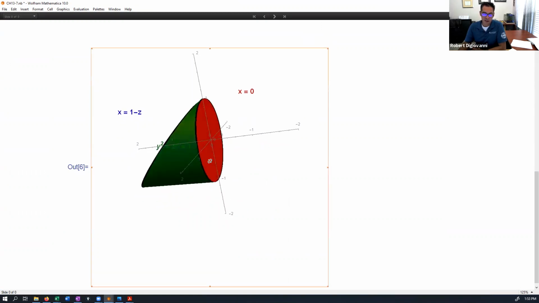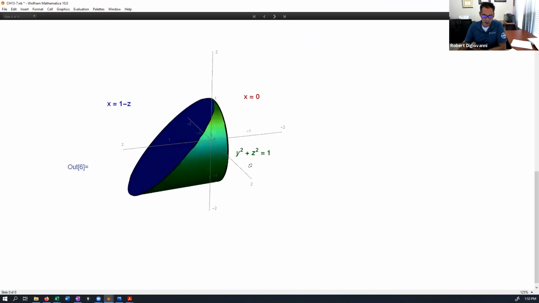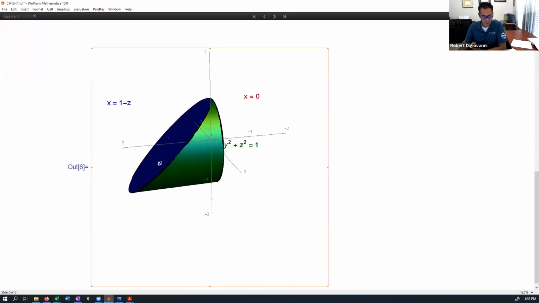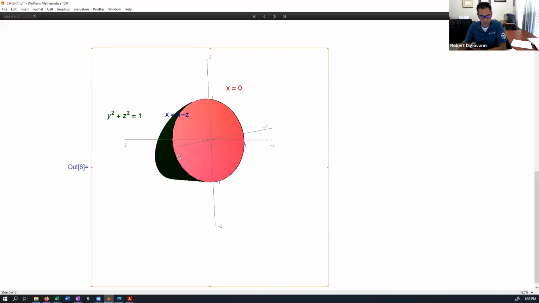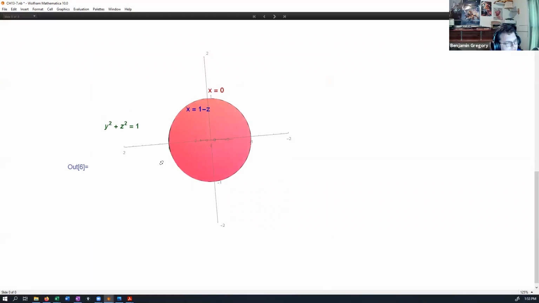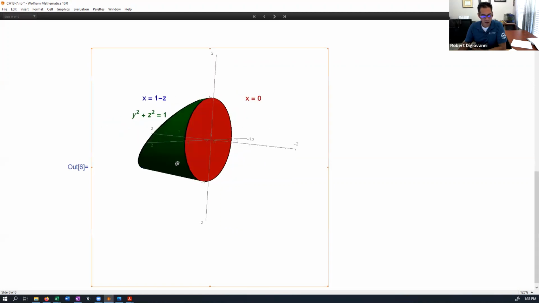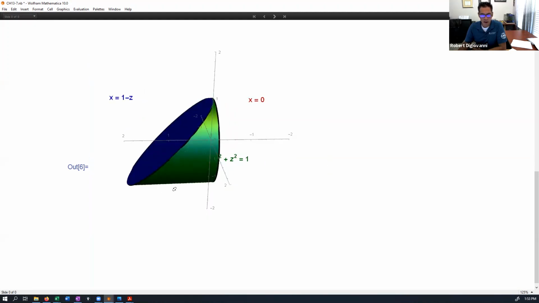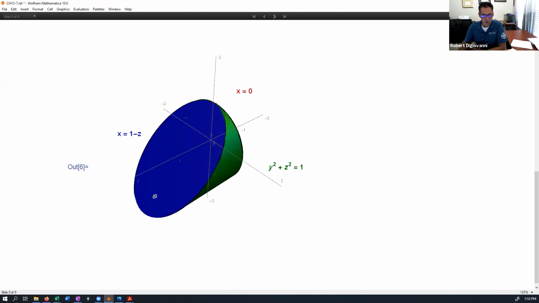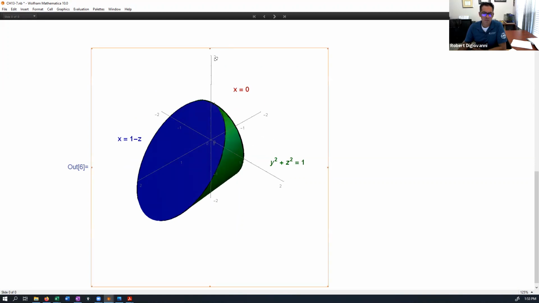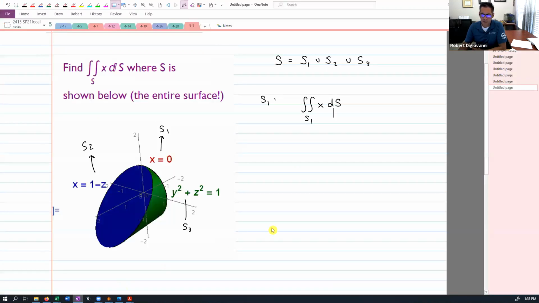I mean, this is just a disk in the, what plane is that in? What plane is that disk in? YZ. It's in the YZ plane, right? And X is always 0 on that plane. Wait a minute, did I just say X is always 0? I did say that, didn't I? Those words just came out of my mouth.